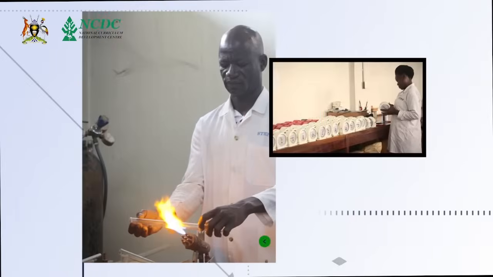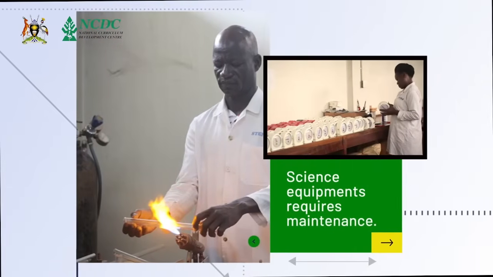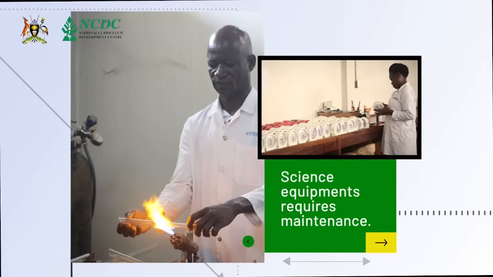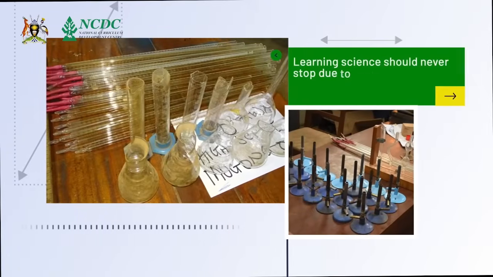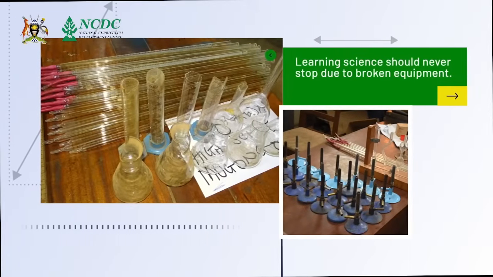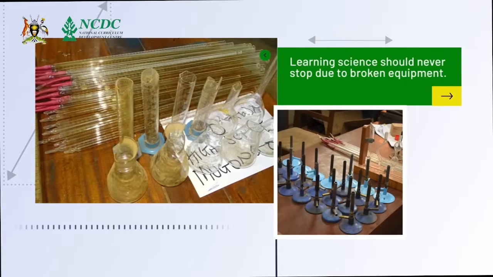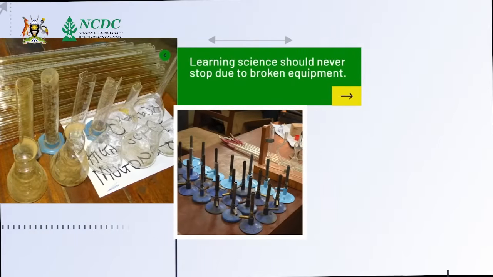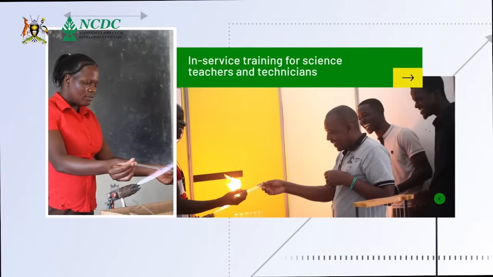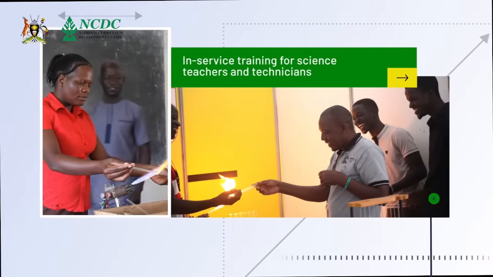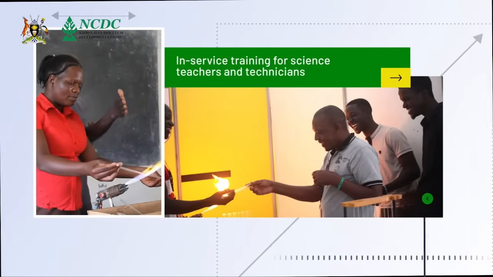Science equipment requires maintenance. STEPD provides repair and servicing support to institutions to ensure laboratories remain functional and effective. Learning science should never stop due to broken equipment. The department also conducts in-service training for science teachers and technicians.